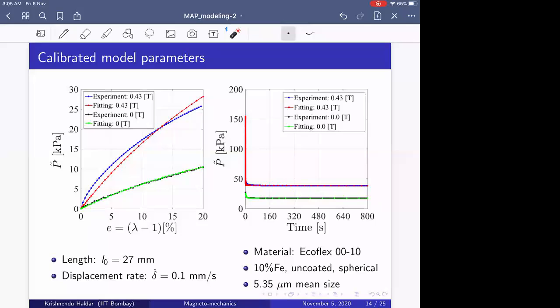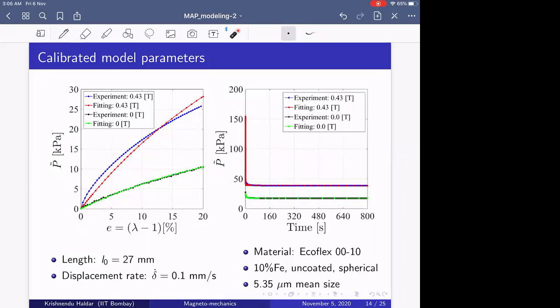Once you have calibrated your material parameters from this elastic response, the next thing is to switch on your magnetic field, which is 0.43 Tesla. Knowing the value of the elastic constant or Mooney-Rivlin constant with no field, on top of that you calculate your magnetic coefficient. So you are done with elastic and magnetoelastic. The same thing you repeat with a relaxation test, so that you extract your viscous parameters from a pure viscoelastic test.